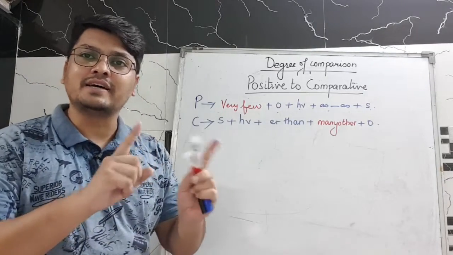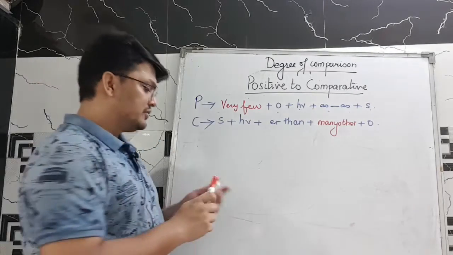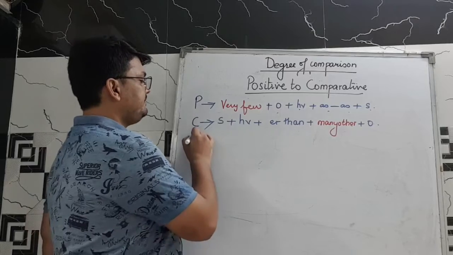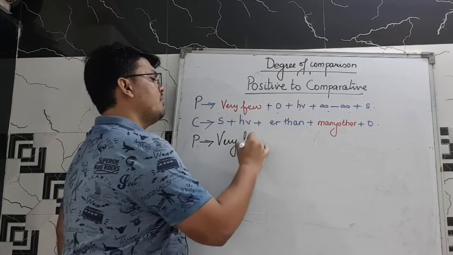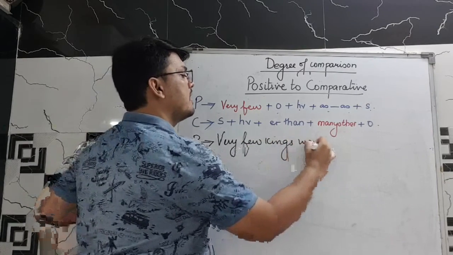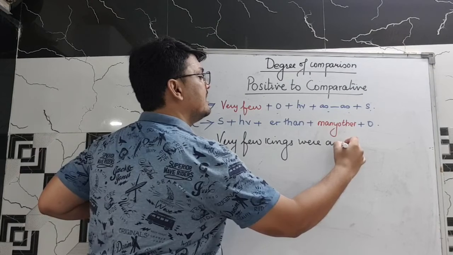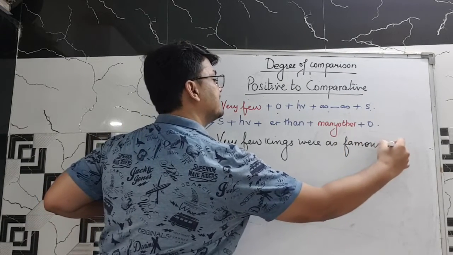So these are the changes in this type of positive degree. So let's take an example. Very few kings were as famous as Akbar.